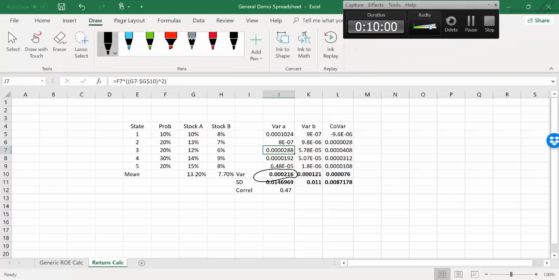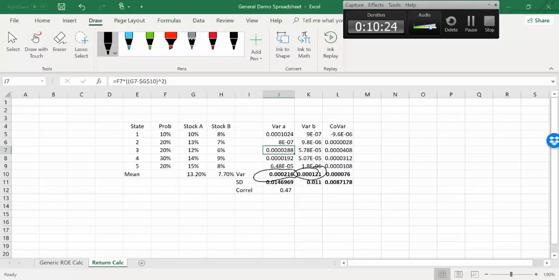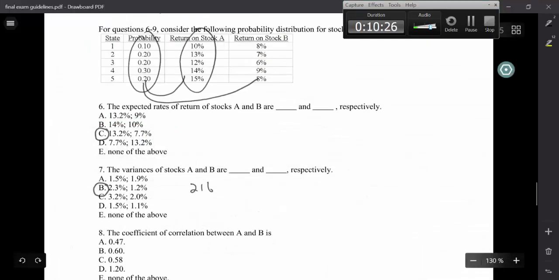The numbers are correct, 216 and 121, but in the answer they gave that as a percentage, which is actually a bit misleading. The answer is actually this one. So it's 216 and what's the other one? 121. So you just got to be careful.